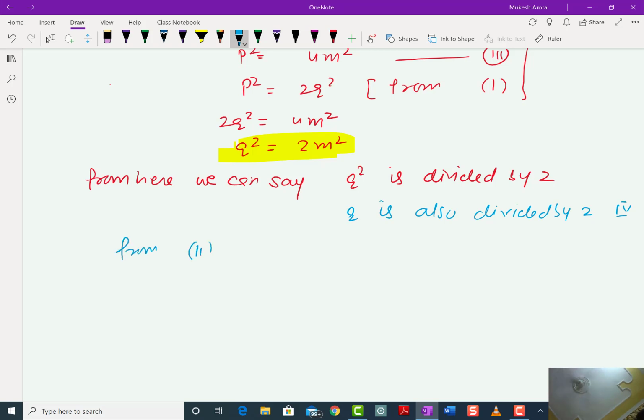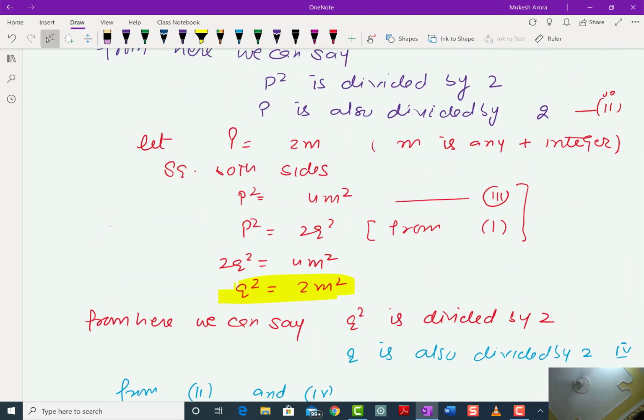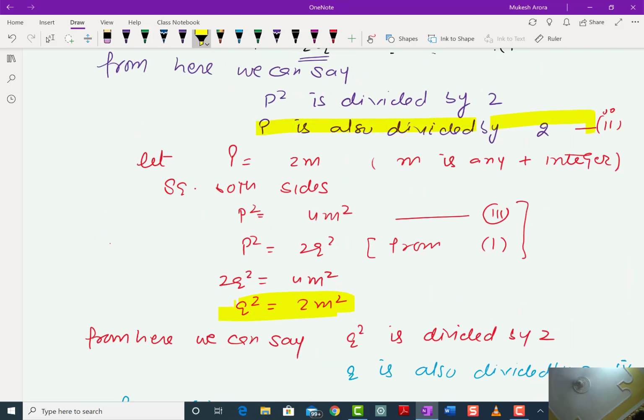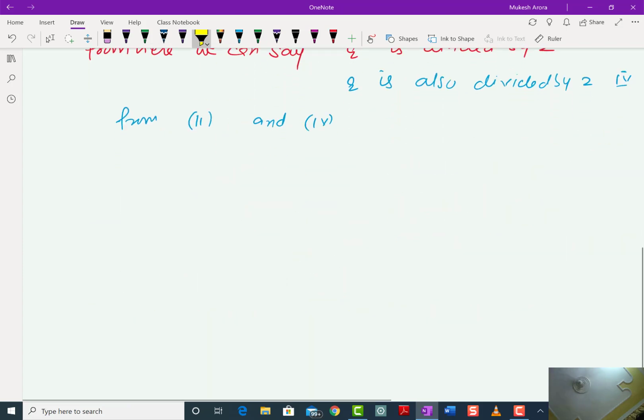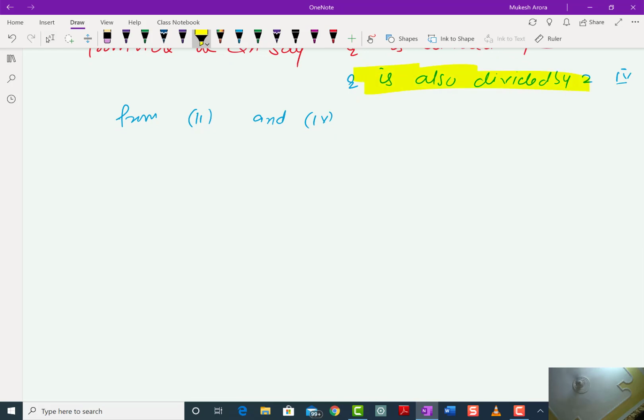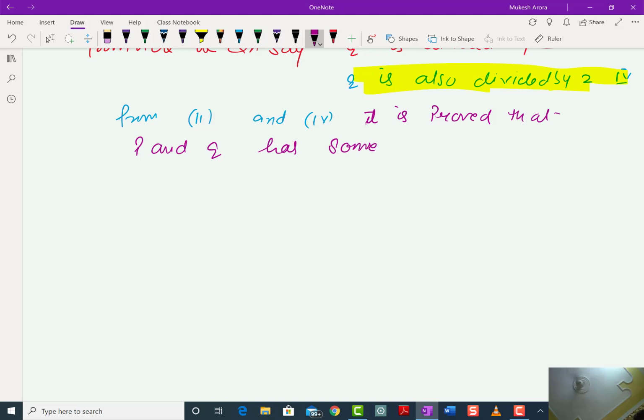From 2 and 4, we can say, so it is proved that p and q have some common factor because both are divisible by 2.